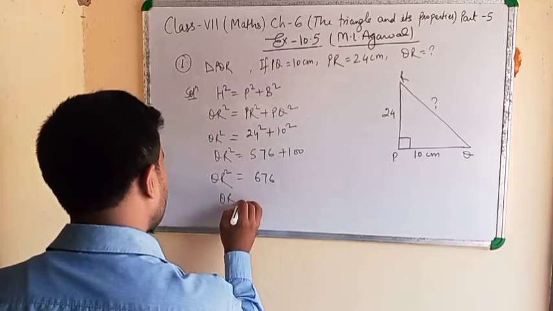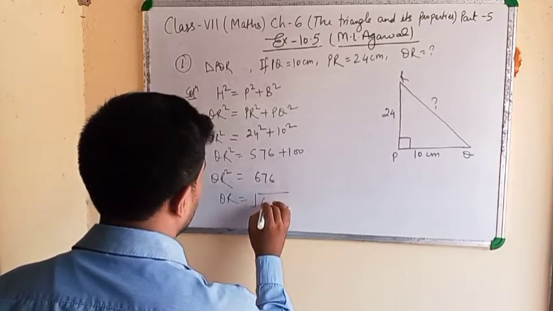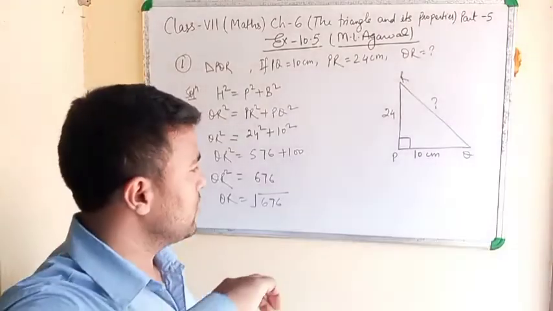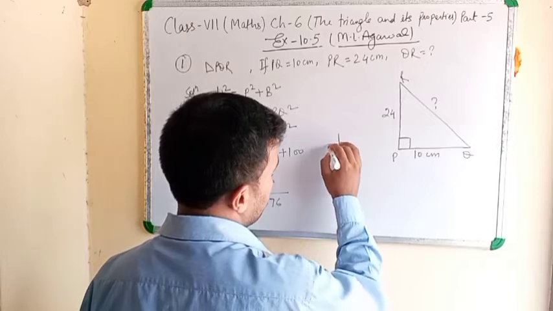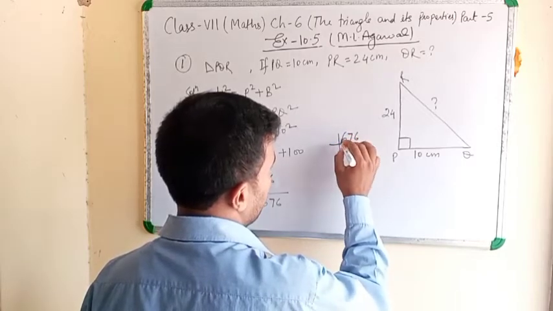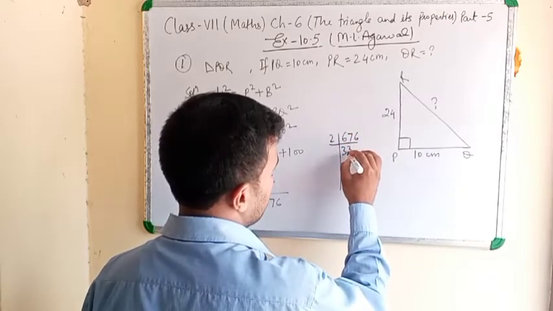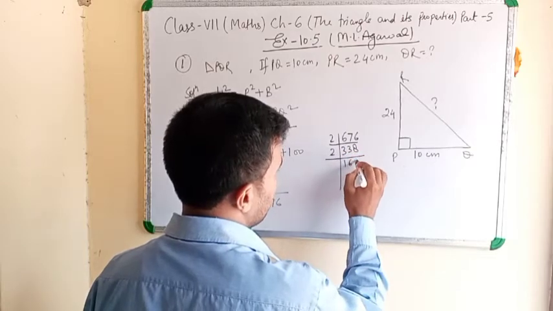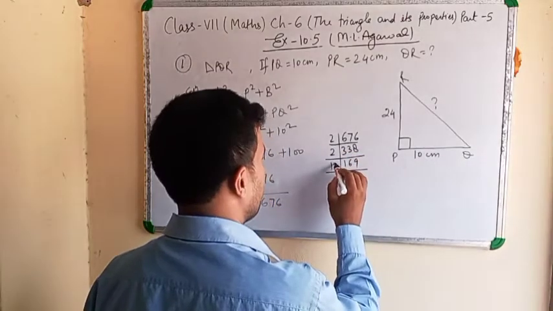Then square changes to square root. Clear? Find the LCM of 676. 2 3s are 6, 2 3s are 6, 2 8s are 16, 2 1s are 2, 2 6s are 12, 2 9s are 18, 13 1s are 13, 13 1s are 13, 1.